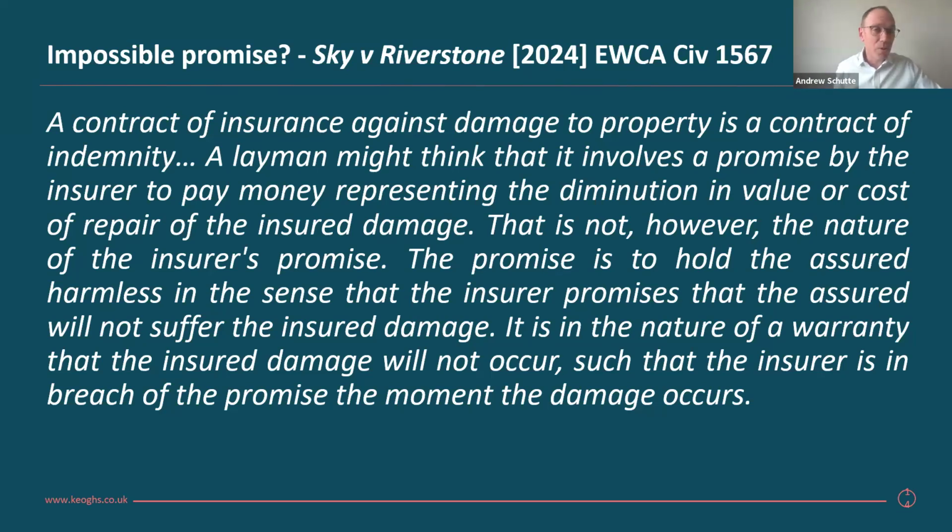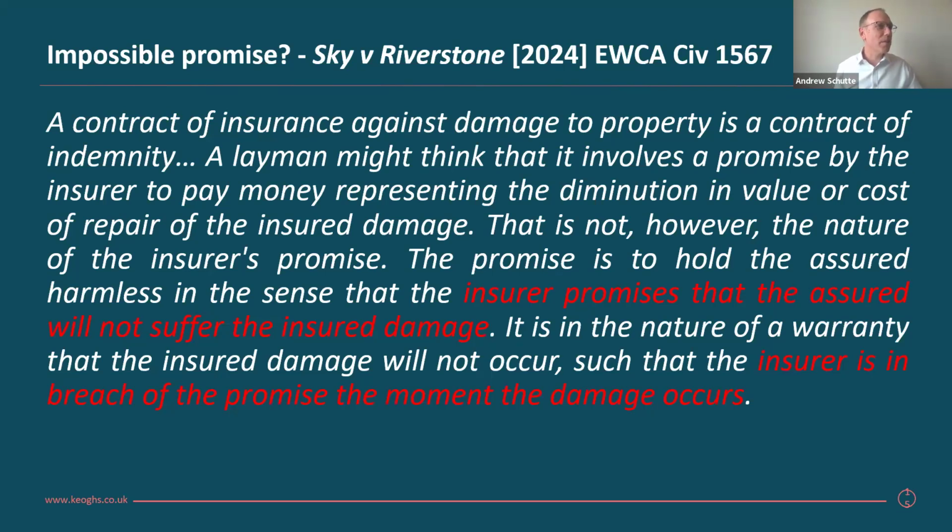And Mr. Justice, well, Lord Justice Popplewell, he is now, Andrew Popplewell, reminded us quite recently that at least under English law, there's a sort of funny fiction at work, an impossible promise, if you like, because we're not actually promising that if something gets damaged, we will repair it. What we're actually promising as insurers is that the policyholder, the assured, is not going to suffer damage, which is not really in our gift.